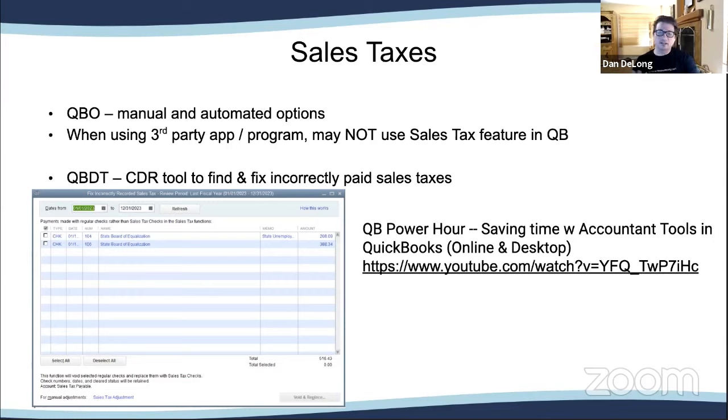But the tool inside of QuickBooks Accountant, and it's only the accountant version, will actually find and fix the sales tax payments that were entered incorrectly for you. So you don't have to worry about, again, the reconciliation or deleting and re-entering those sales tax payments the right way. It will fix it for you.